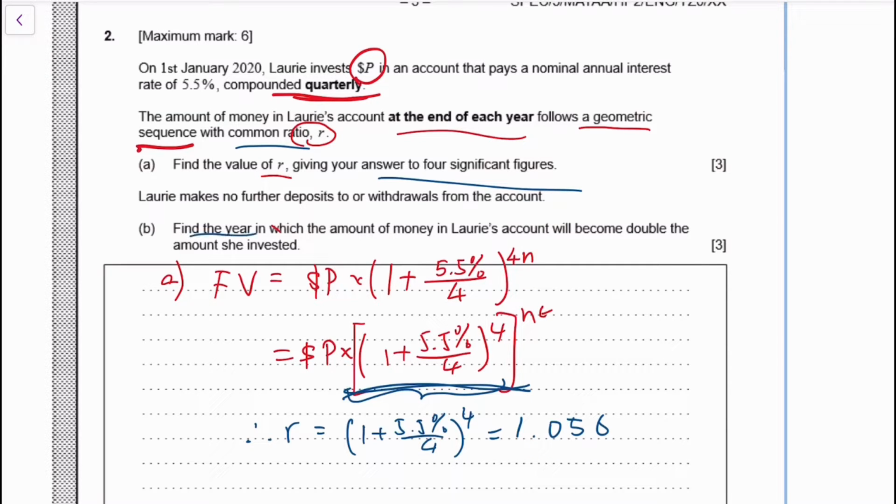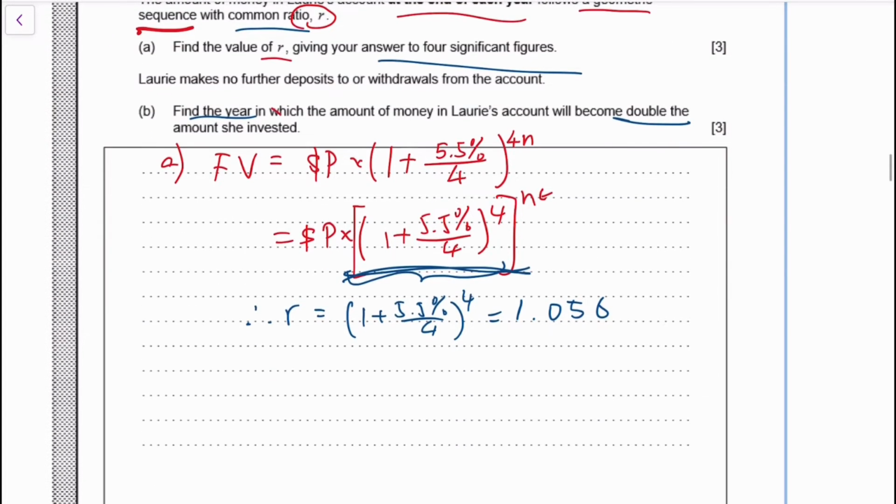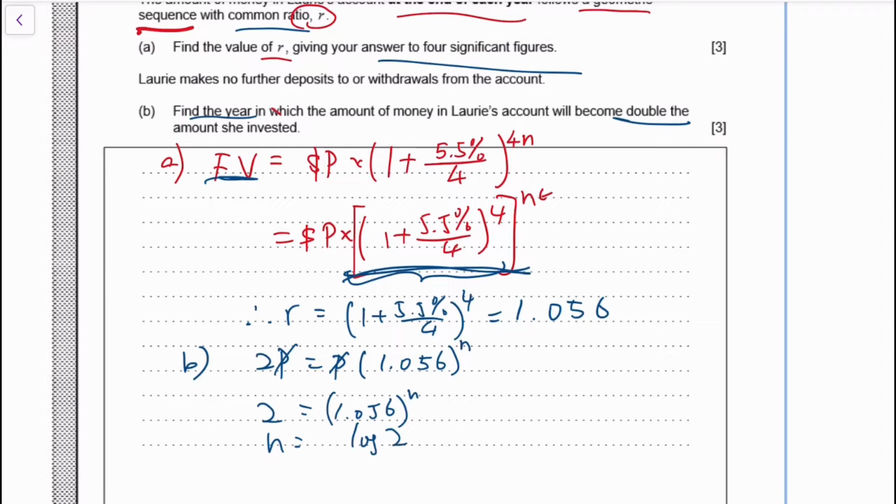Find the year that the amount will double. Well, double means the future value is 2 times P. R is 1.056, so 1.056 to the power of n. Obviously, P cancels out. N is log 2 over log 1.056.